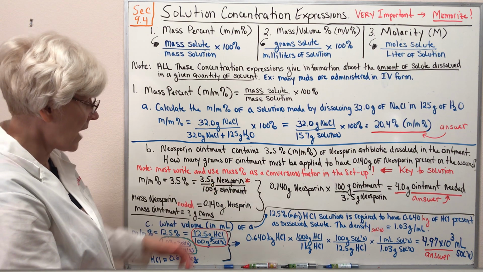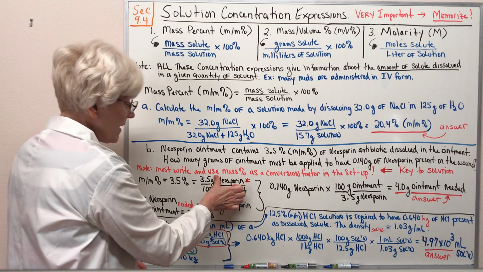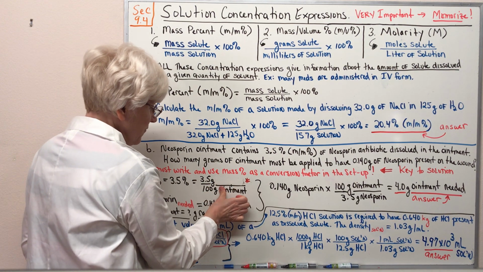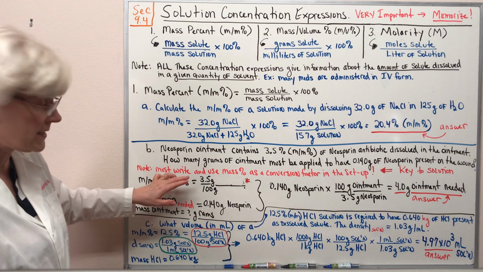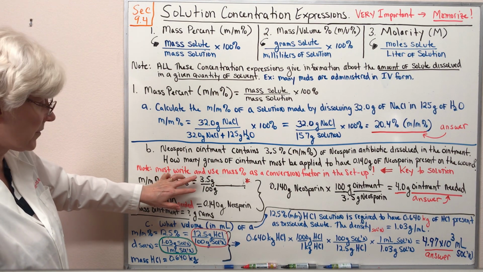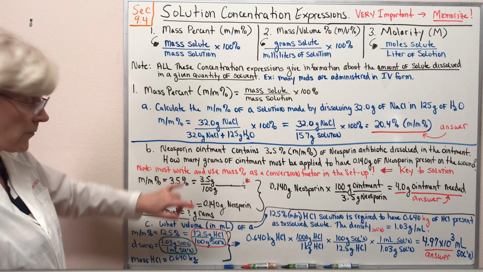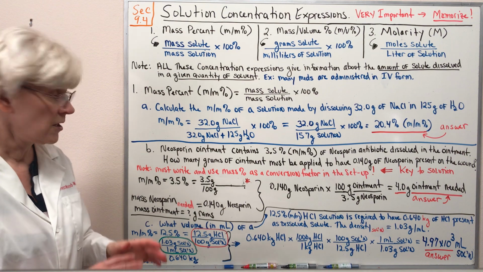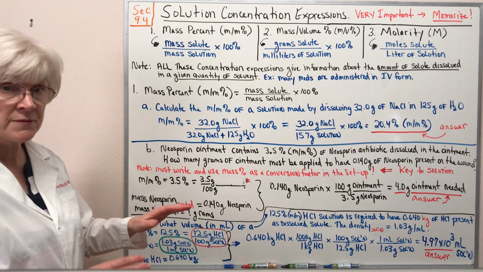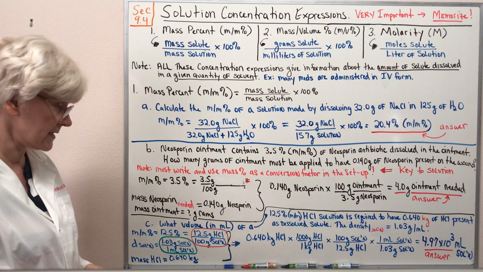And notice how important it is to label this. So I want to illustrate here that if we take the labels off, it is very difficult to know whether or not we use the conversion factor in its standard form or whether we need to flip it, invert it. All conversion factors can be used in their inverted form if necessary.